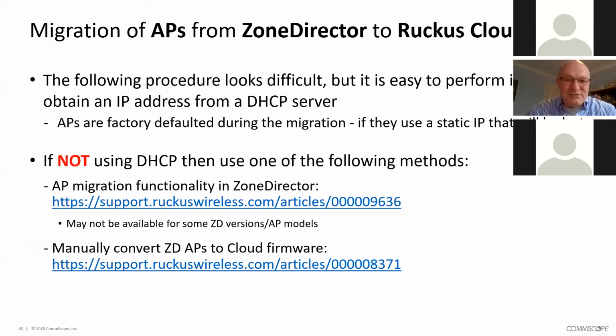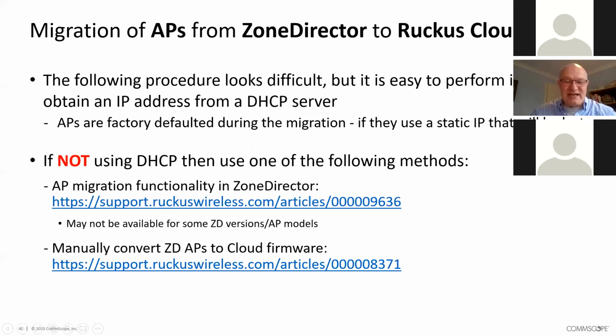First of all, we have to allow the access point to upgrade its firmware. The firmware on the access points for the ZoneDirector has to be upgraded to a standalone access point firmware to be able to connect it to cloud, and then have firmware from the cloud deployed on the access point. So there's a two-step process there.